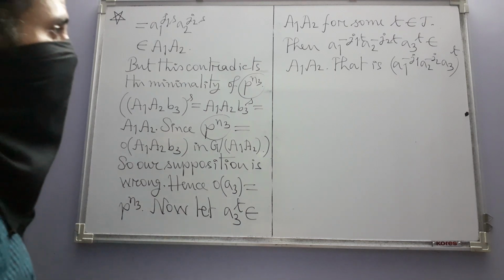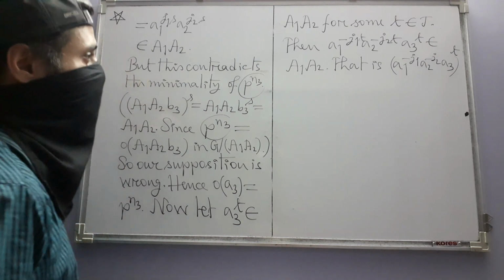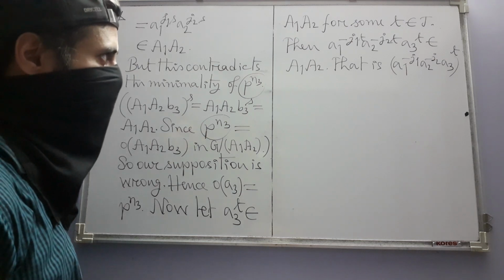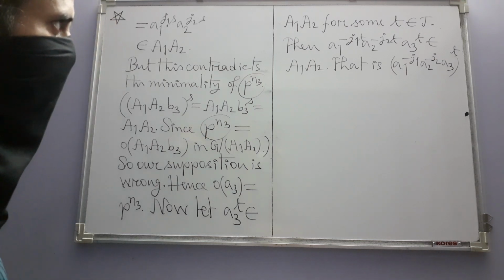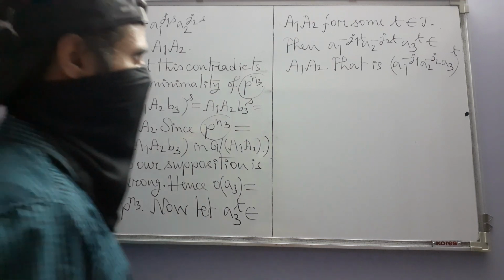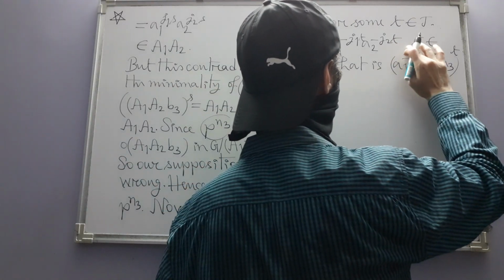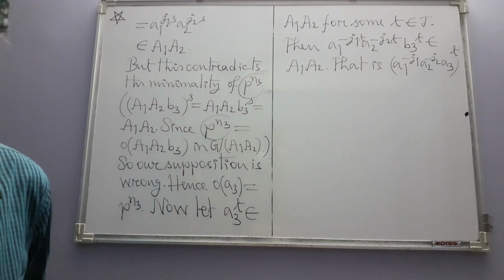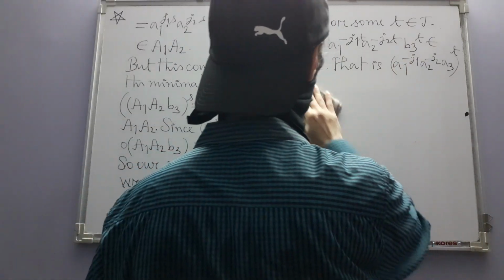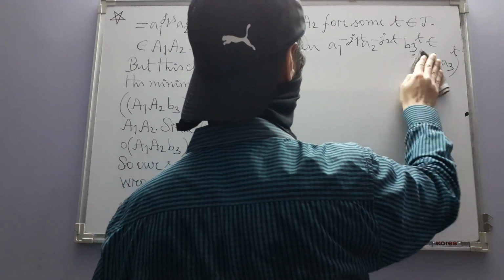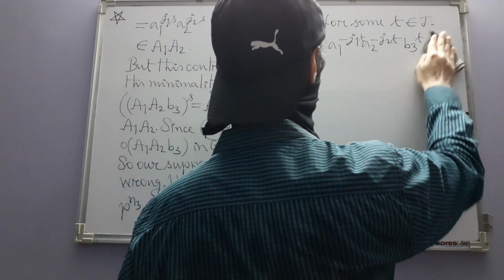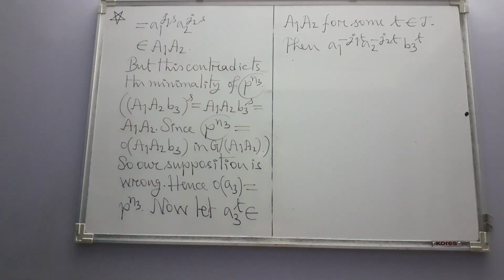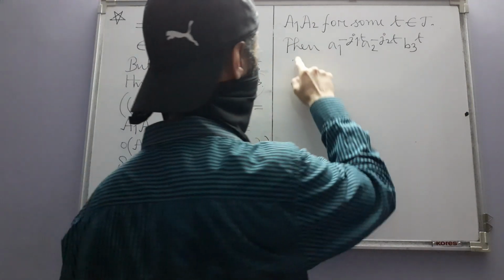If I am taking A3, with A3 I won't get anything if I take minus, I would have to take plus. So let me just make this B3, but then I cannot argue like this. Then no, I cannot immediately say that this belongs to something. I have to see what the element is.